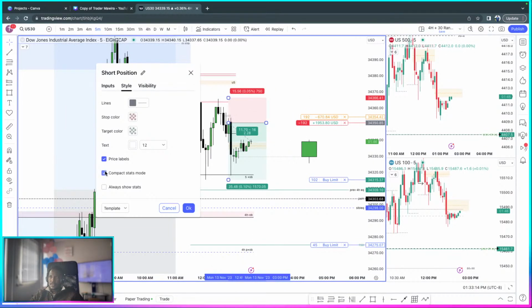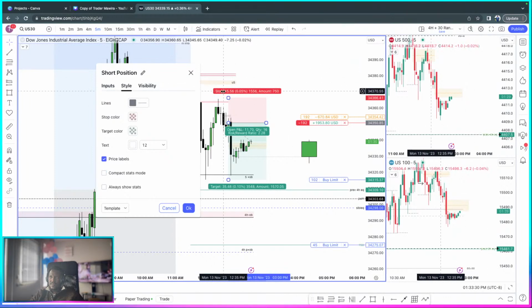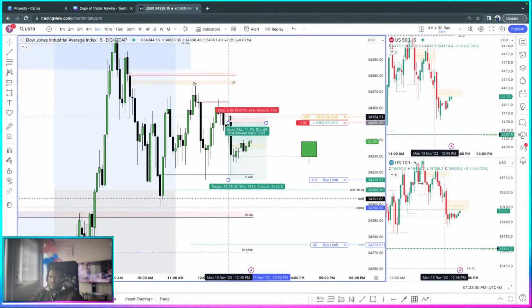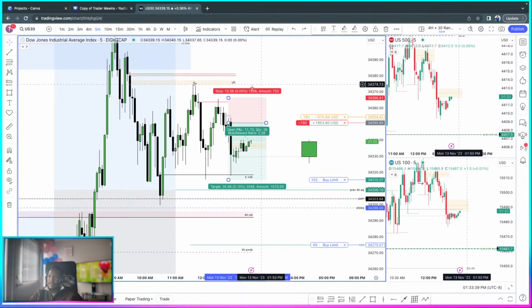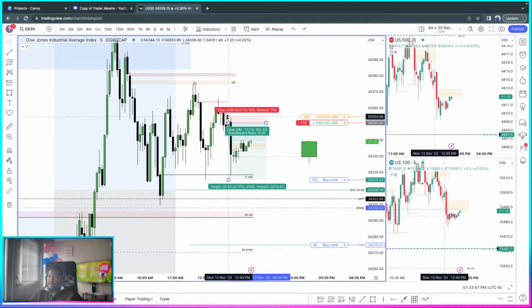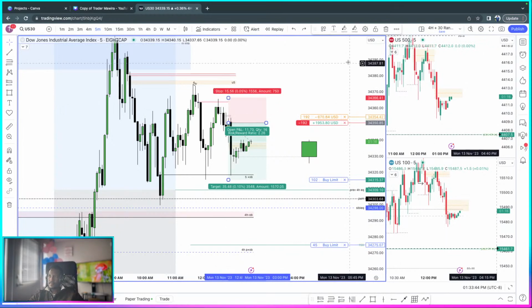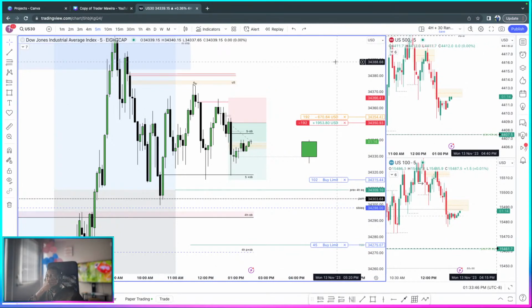It's easier for me. Oh, 15 points. Okay, I see what's going on. Right now, my stop is only like 3 points. No, this position looks like this, but this was the original position.